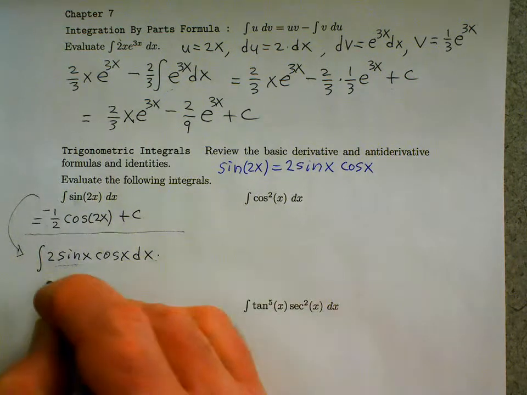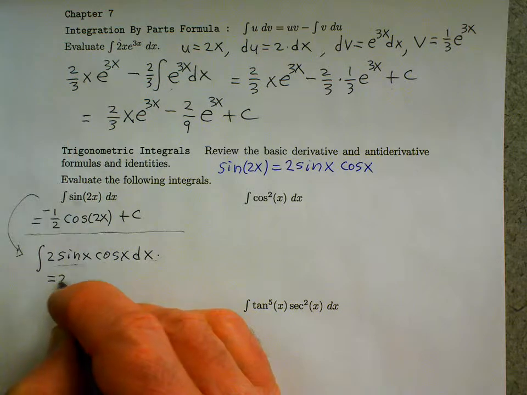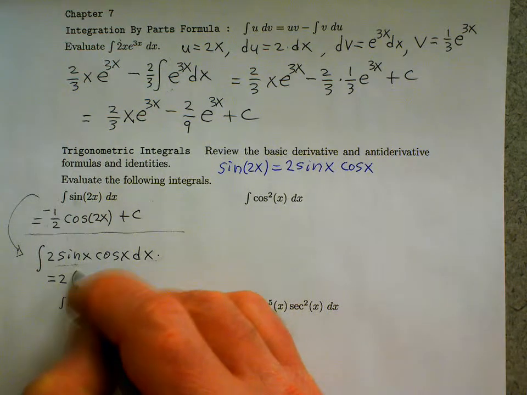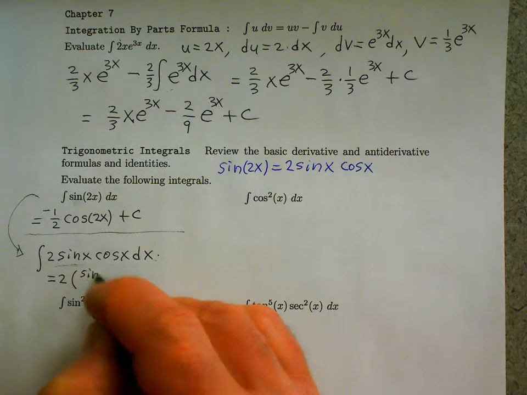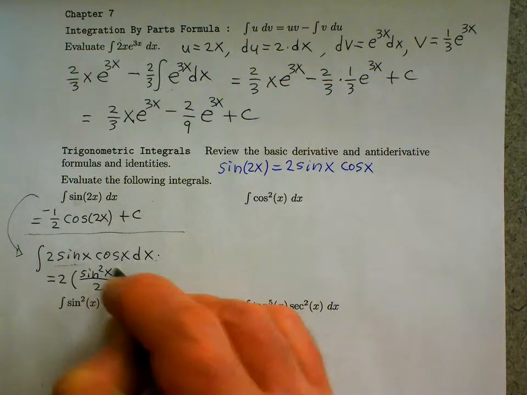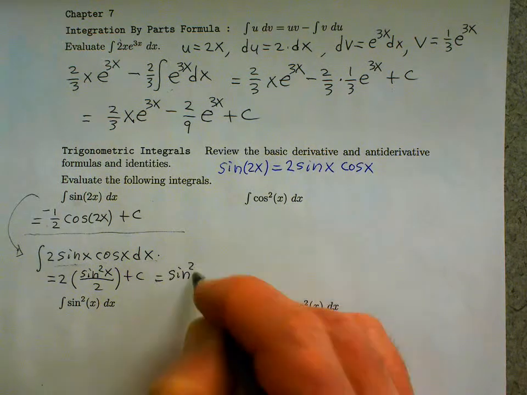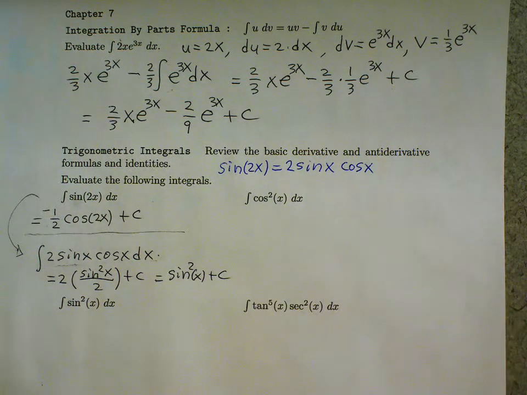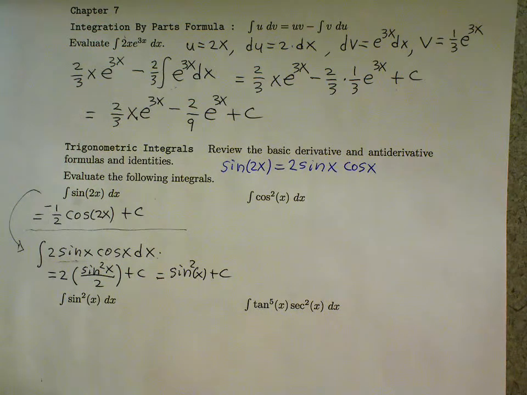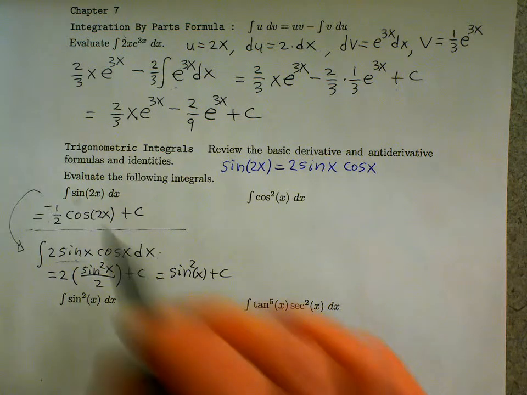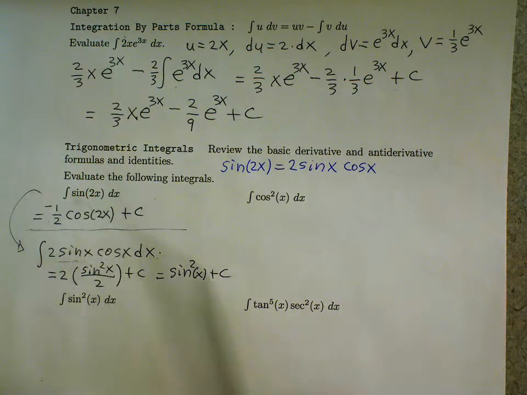So an antiderivative of this is 2 times sine of x squared divided by 2 plus a constant, or just sine of x squared plus a constant. The fact that both of those are antiderivatives shouldn't be a surprise. I'll point out why in a minute if you don't recall.